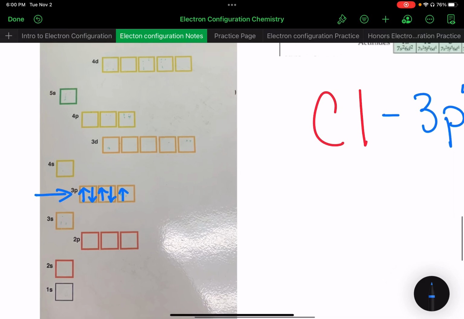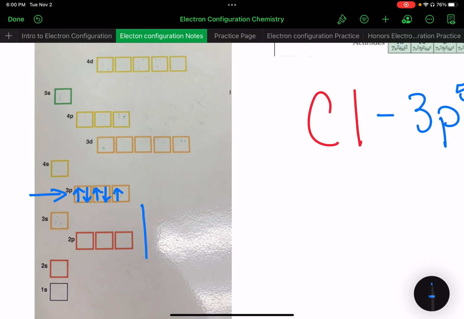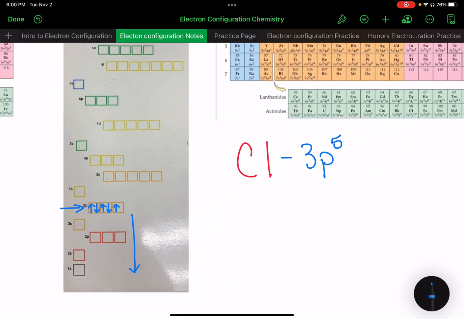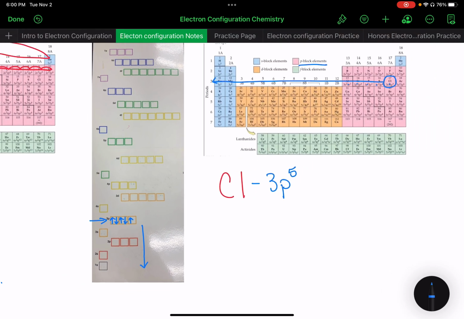Now, since this is my endpoint, that means everything else below that point is filled. Okay? Since I know that every box has to have 2 electrons, I can simply just start filling the boxes. But I want to show you again.